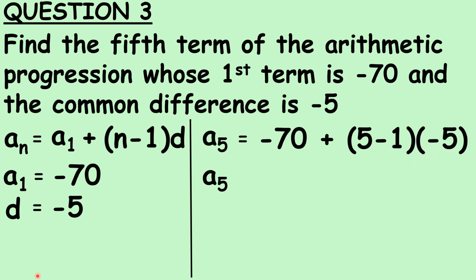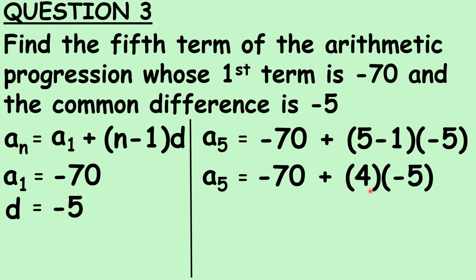So what we have there is A5 is equals to minus 70, and then plus 4, which is 5 minus 1, 4 times minus 5. And like I said, 4 times minus 5 is minus 20. And then when you have minus 20 and then you open this bracket, it still remains minus 20, because minus times plus is minus.